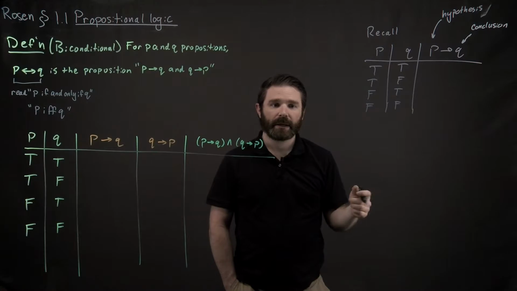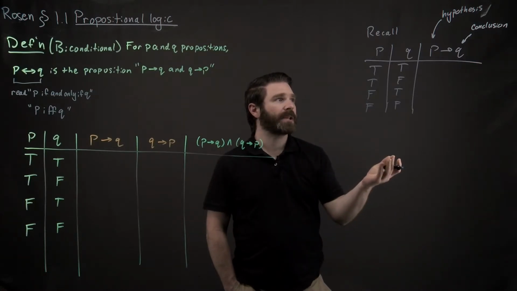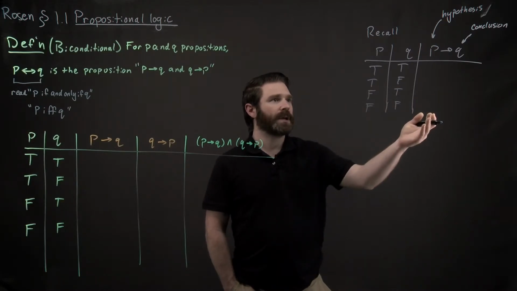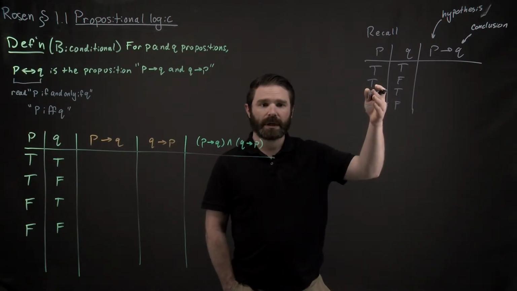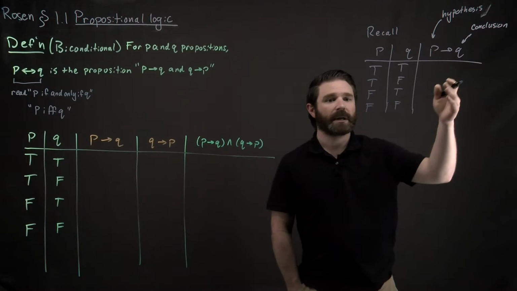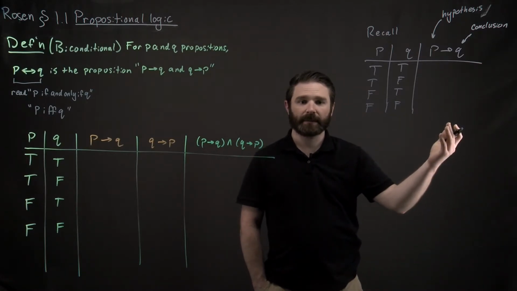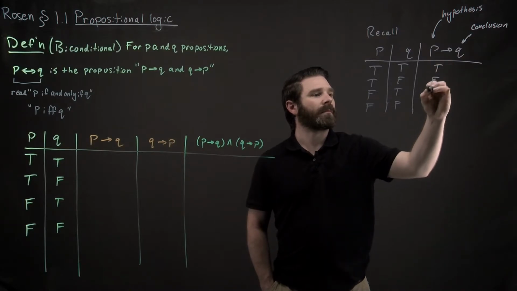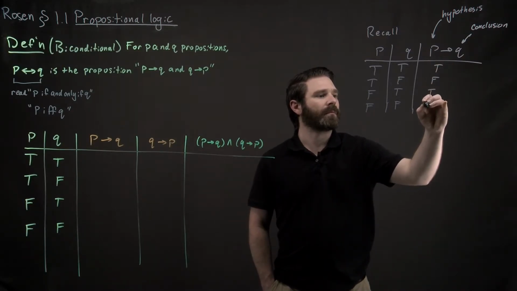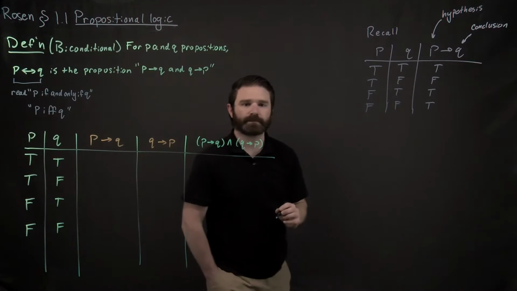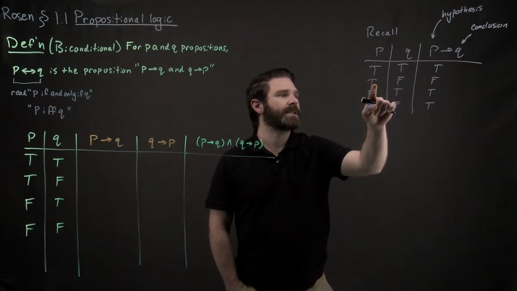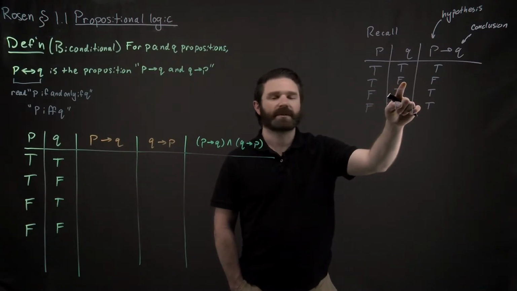From the definition of implication, P implies Q is only false when the hypothesis is true and the conclusion is false. So in this case, we would get the following. The only time it's false is when the hypothesis is true and the conclusion is false.